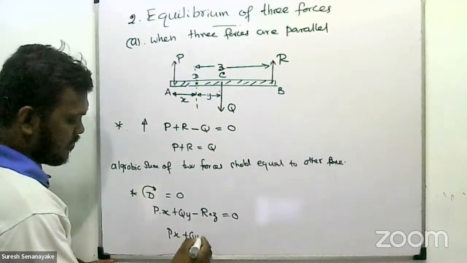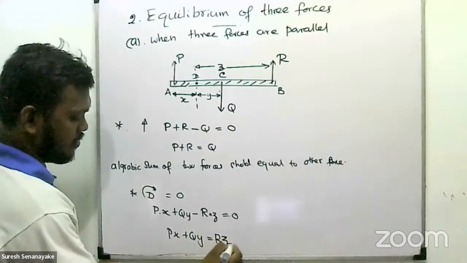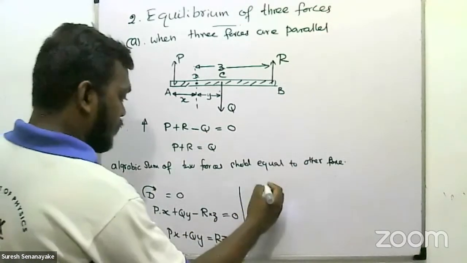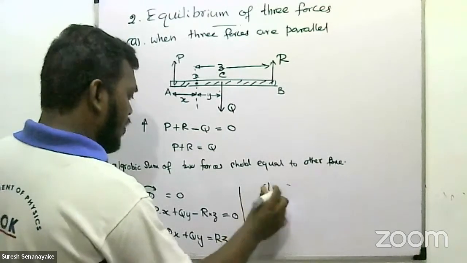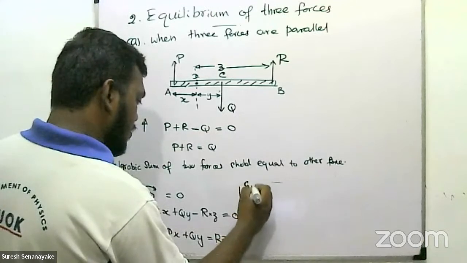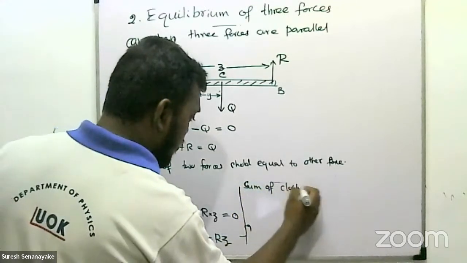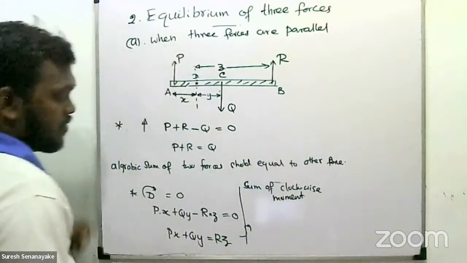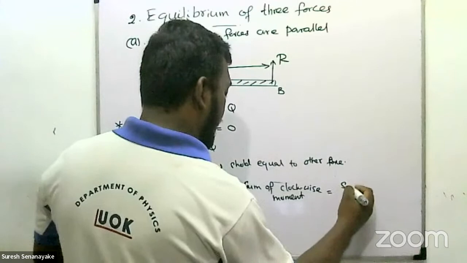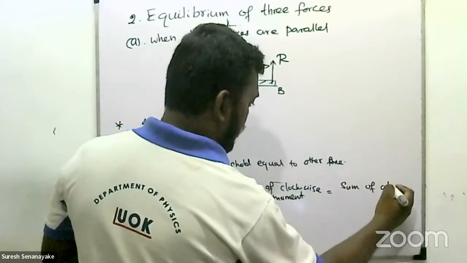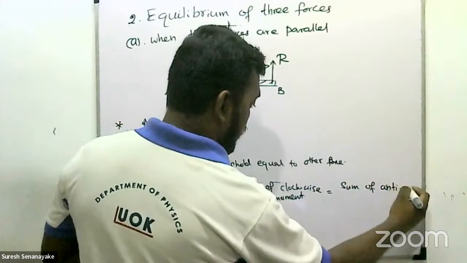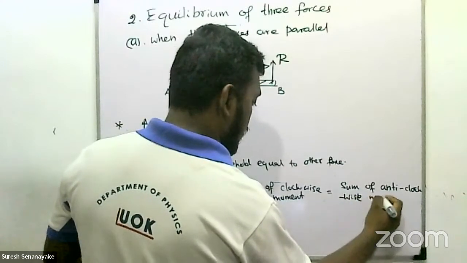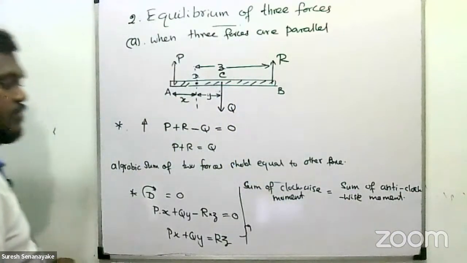Px, Qy, let's figure out. So it implies that the sum of clockwise moments is equal to the sum of anti-clockwise moments.